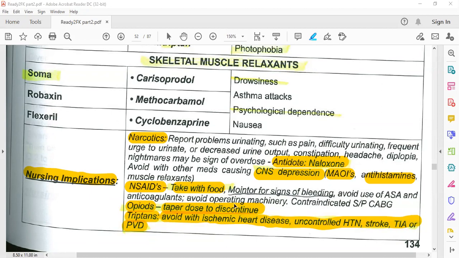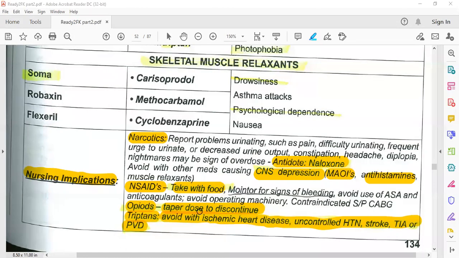Tell your patient, if they took this kind of medication, not to operate heavy machinery or go driving. Also with opioids, when time comes to stop the medication, it is good not to stop suddenly; taper the dose, and then discontinue.